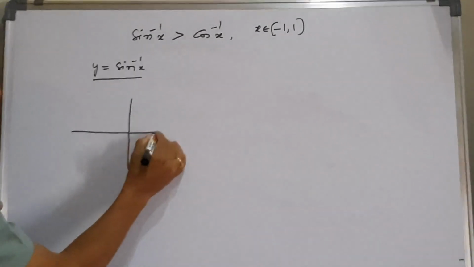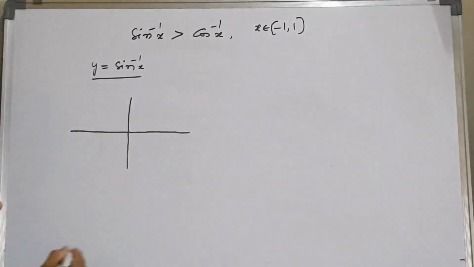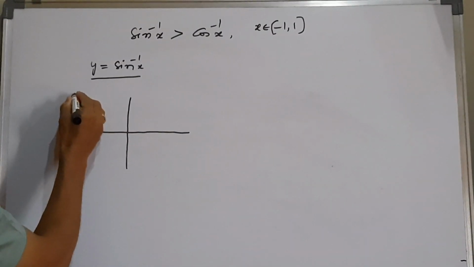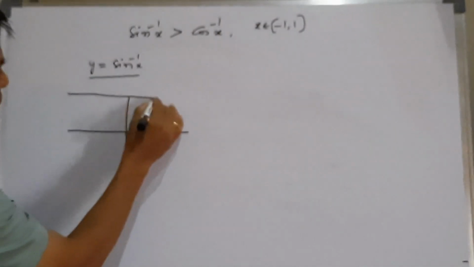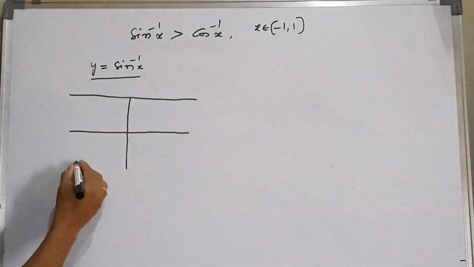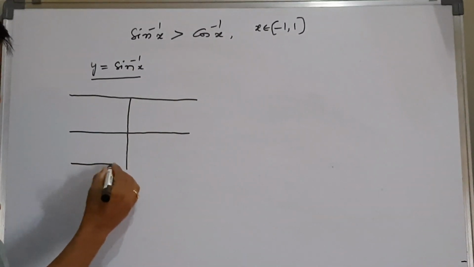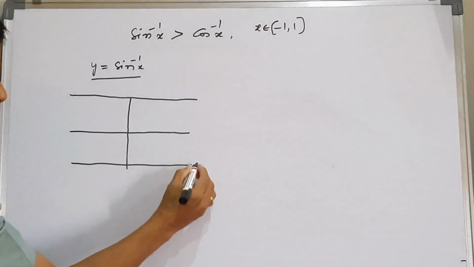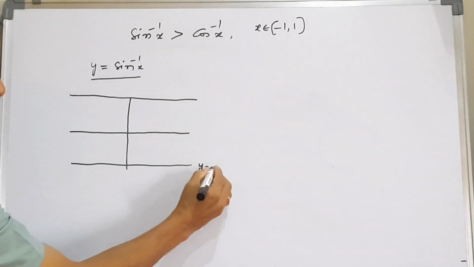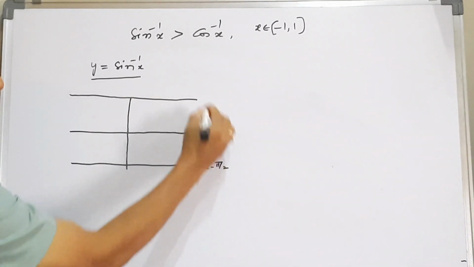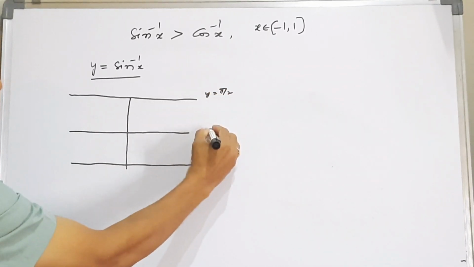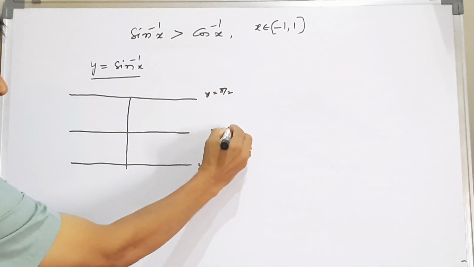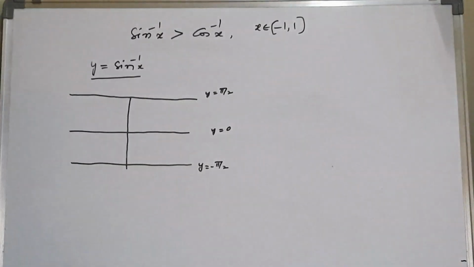We are making a coordinate system. The range of sin inverse x clearly lies between closed minus pi by 2 to closed pi by 2. So this is the line y is equal to minus pi by 2. This is the line y is equal to pi by 2. And this is the line y is equal to 0, meaning the x-axis.